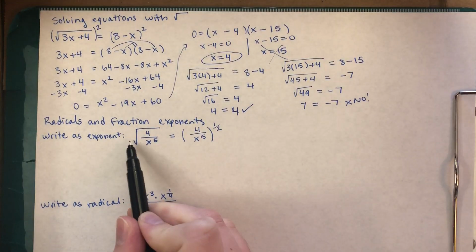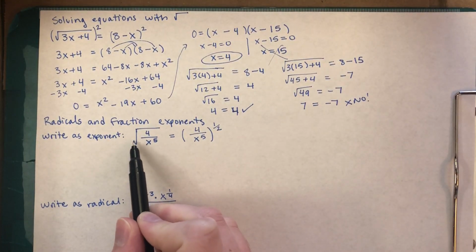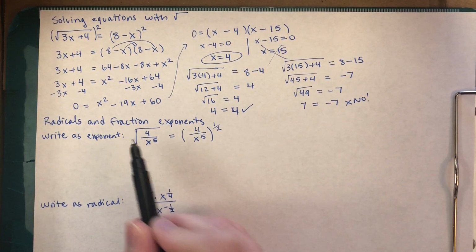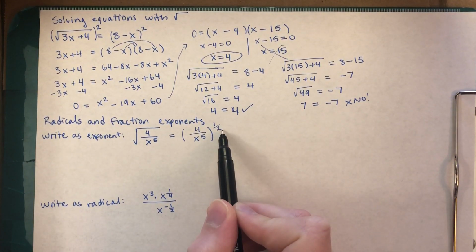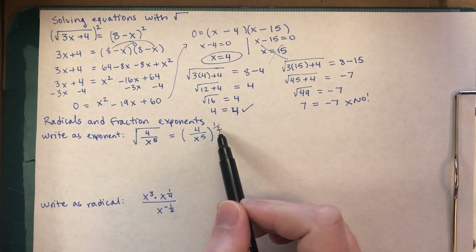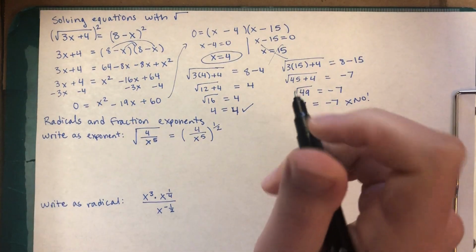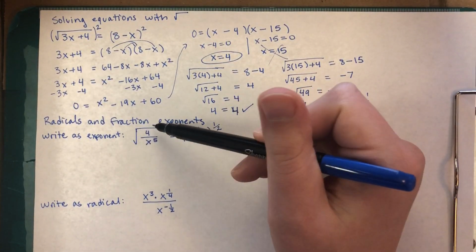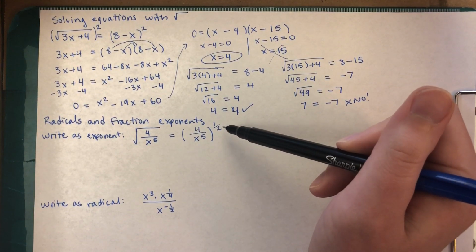If there's a number next to this symbol, then that number is the bottom of the fraction. For example, if it had a little 3 here, I would have written to the 1/3 power. If there's no number written here, it means it's a square root, and the number is 2. So I used first the rule that this radical turns into a fraction.